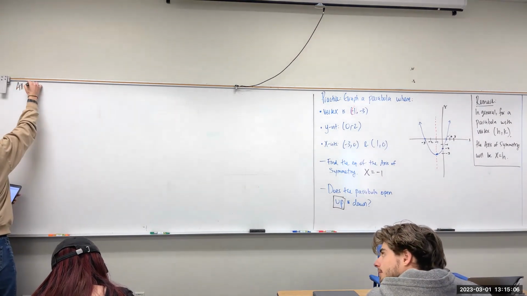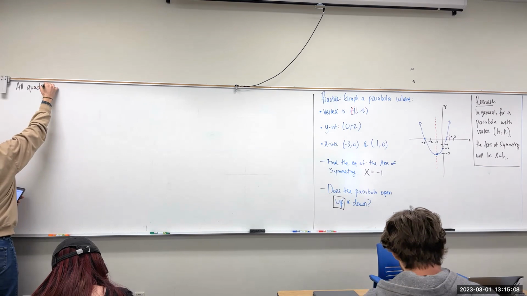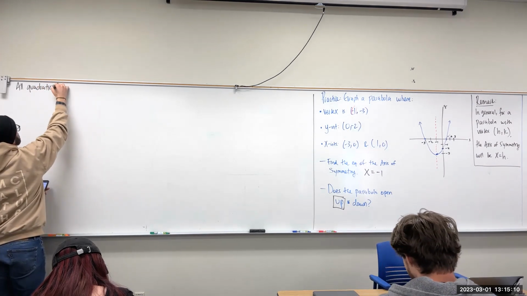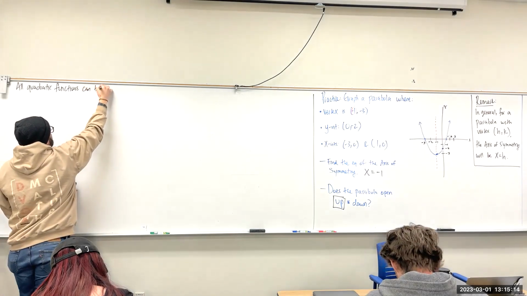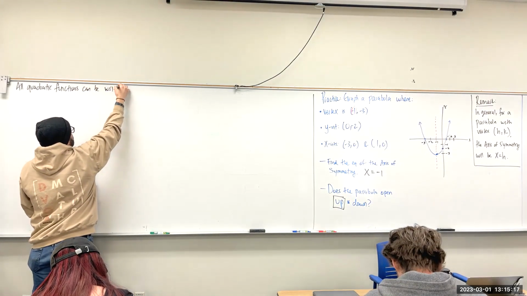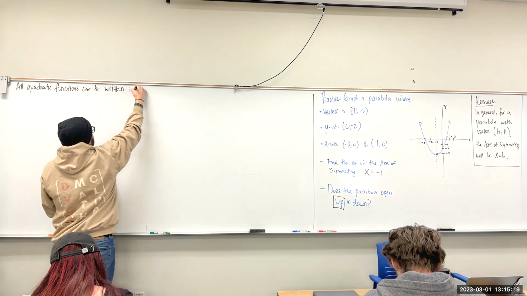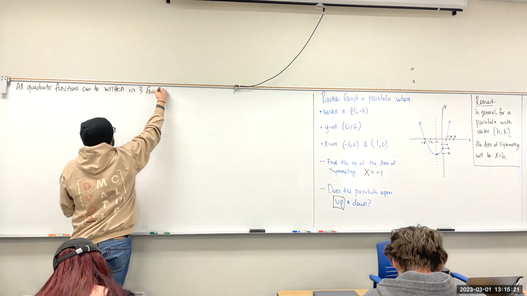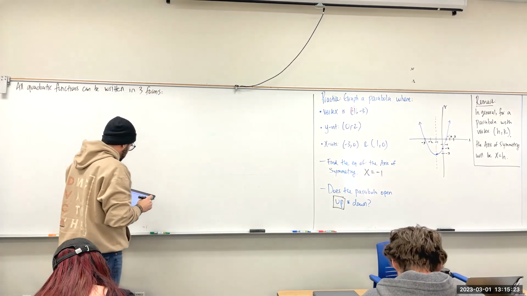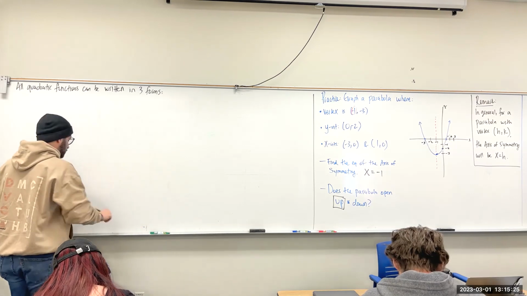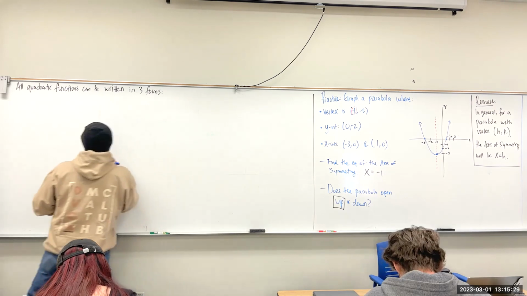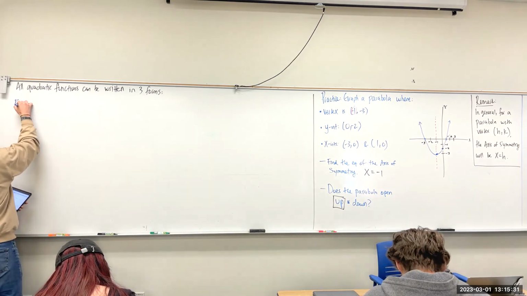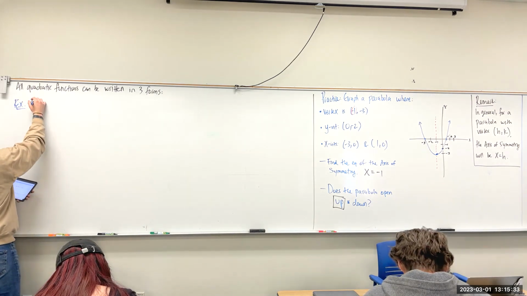So all quadratic functions can be written, bless you, in three forms. So let's do the example that we just were playing with. Now let me call it f of x.